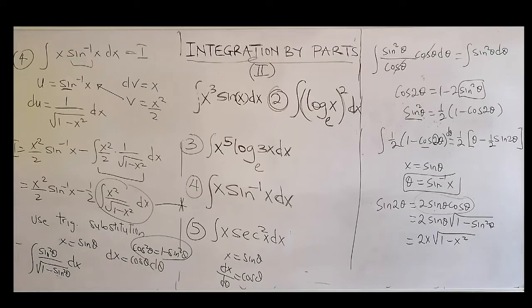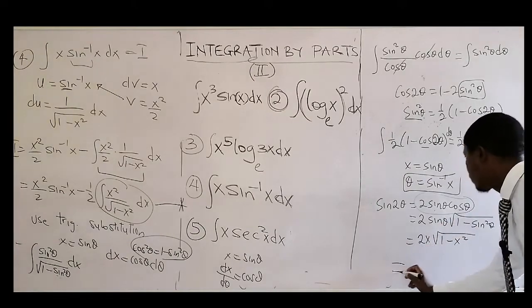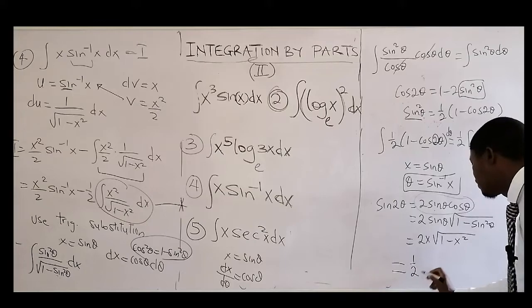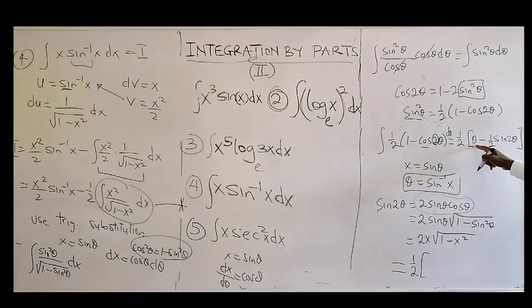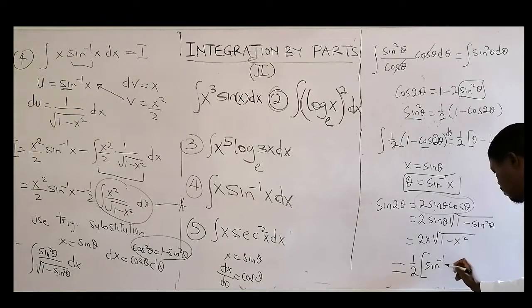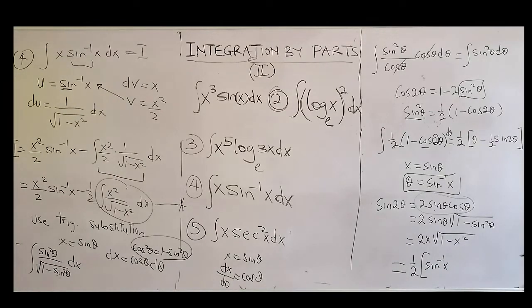So what we just need to do now is go back there and substitute. But before we do that, we have to come back here and express it in the form of x. So that will be half into brackets, my theta is what? Arc sine x, minus half, sine 2 theta is what? 2x square root 1 minus x squared.